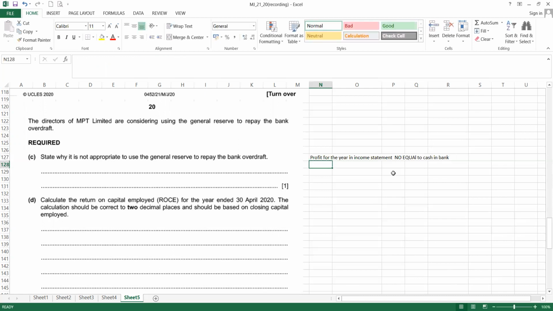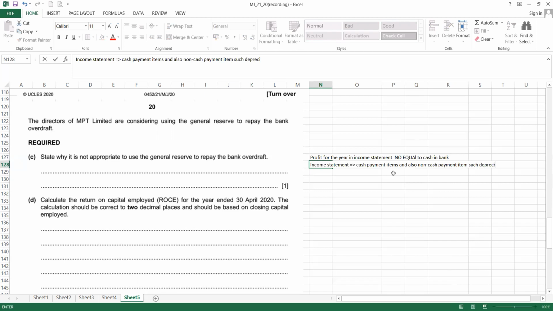Because the income statement includes cash payment items and also non-cash items, such as depreciation, which we do because of an accounting requirement.